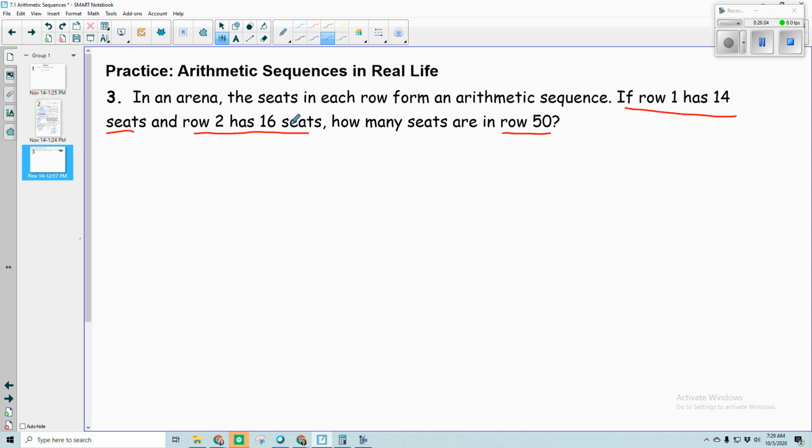Again, by brute force, we could just keep going through this pattern until we got to row 50. But what might be a little bit easier is if we found an explicit formula and then plugged in 50 to see what's happening in the 50th row. Using the clues from this problem, row 1, so a sub 1, is 14. And row 2, a sub 2, is 16.